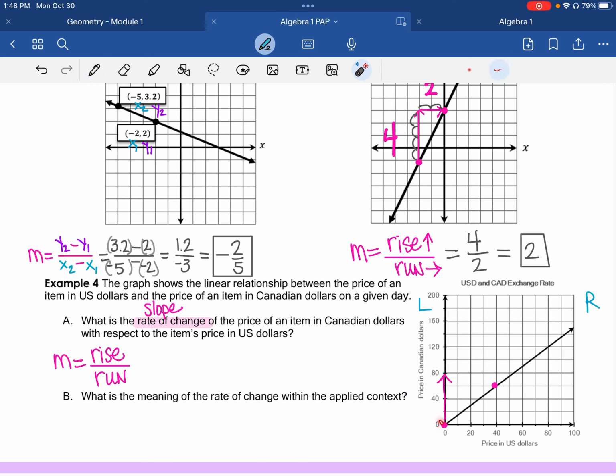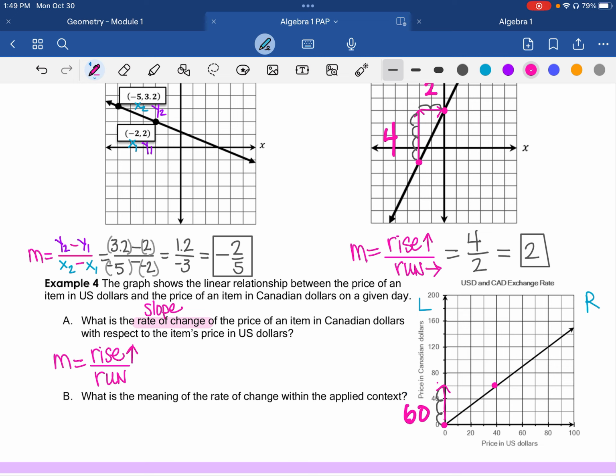This one is not going 1, 2, 3, 4. This one looks like it's going 20, 40, 60, 80. I went too far. I'm going to stop there at 60. And my rise was up.